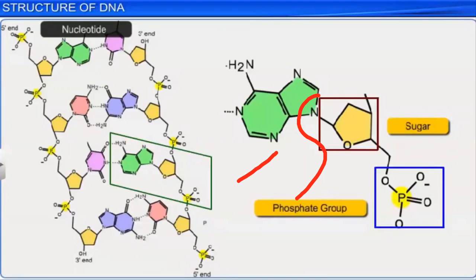I'm just telling you the easiest way to remember the difference between nucleotides and nucleosides. The only difference is when we add all the three components together, we call it nucleotides.